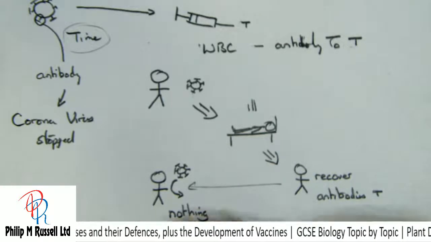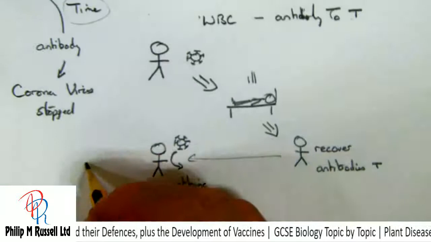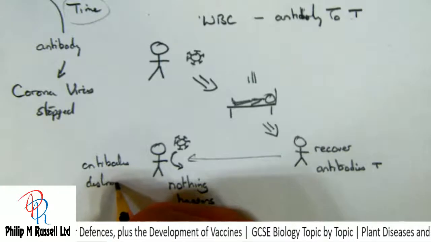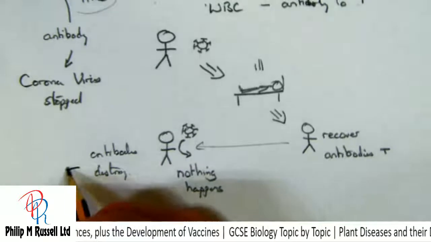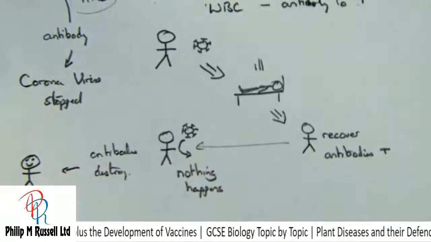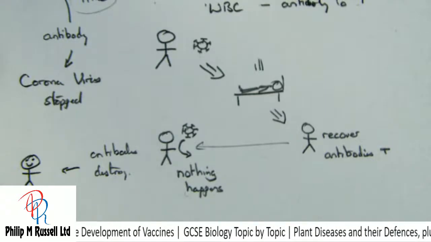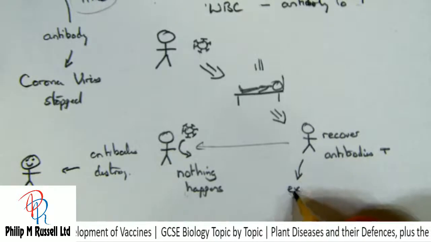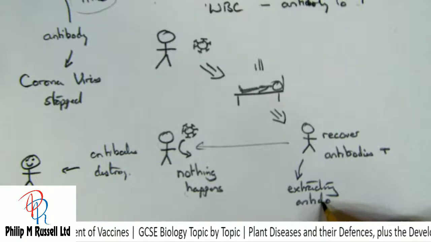Basically, they do get an infection, it does get in, but the antibodies destroy it, and the person here, well, they're happy because they stay well. What they're doing with some people at the moment is they are basically extracting any antibodies that they've got.